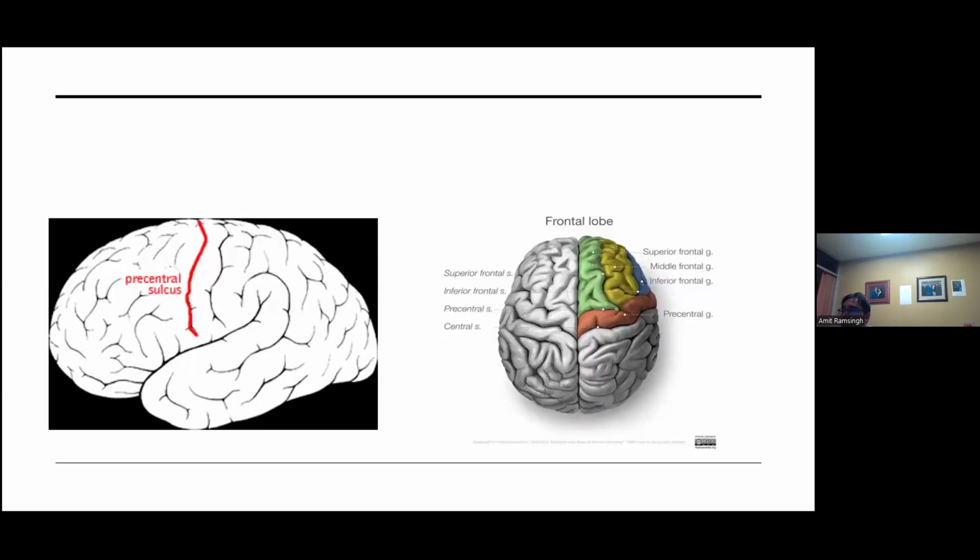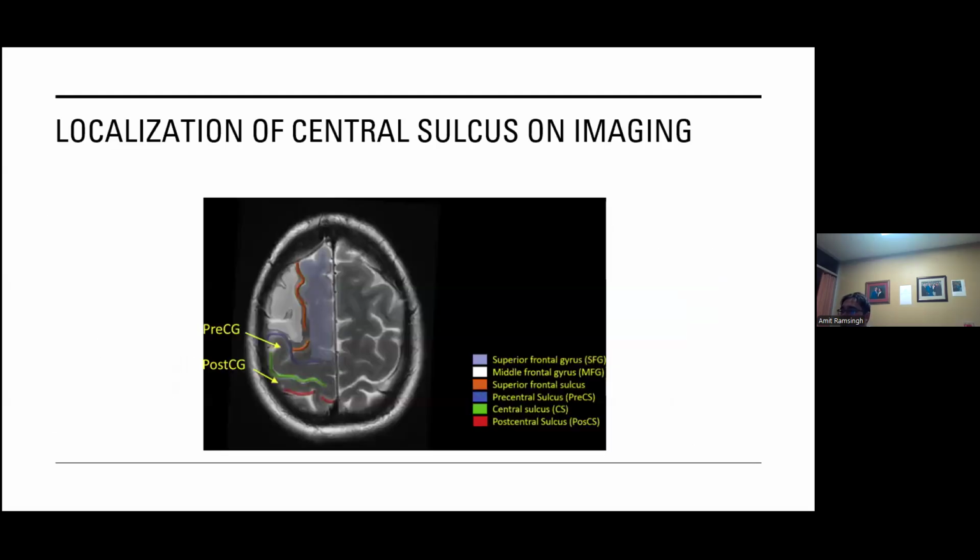And this is just another diagram, showing the relationship of the precentral sulcus in the frontal lobe, and the demarcations of the various gyri, as well as the relationship of the precentral sulcus to the central sulcus, or the Rolandic fissure.